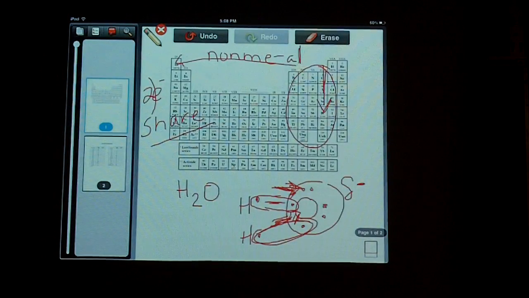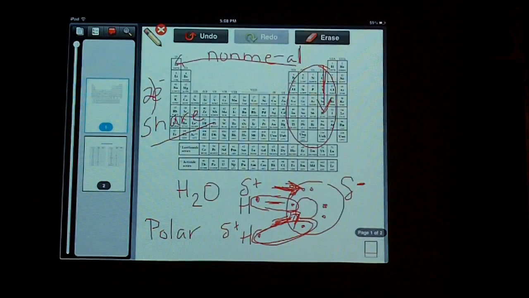Well, if these electrons are closer to the oxygen, and this is partial negative, that means that these hydrogens are now partial positive because they don't have those electrons as close. This is what we call a polar compound.